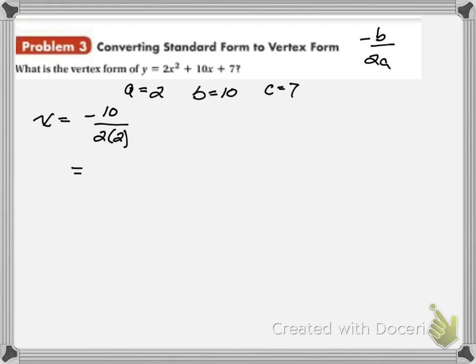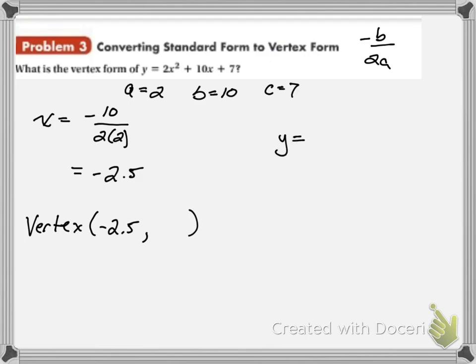So my x coordinate is what? Negative 10 divided by 4, which is approximately negative 2.5. I hate when they use decimals. Negative 2.5. How do I find what the y coordinate of my vertex is? So the vertex starts with negative 2.5. What's my y coordinate? Well, let's take negative 2.5 and plug it in.